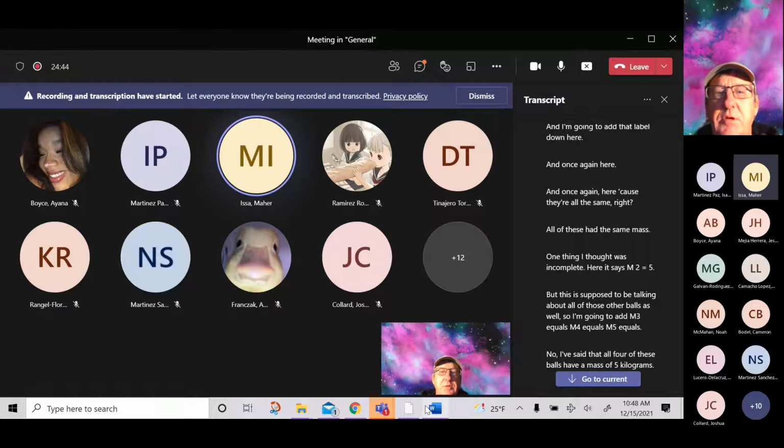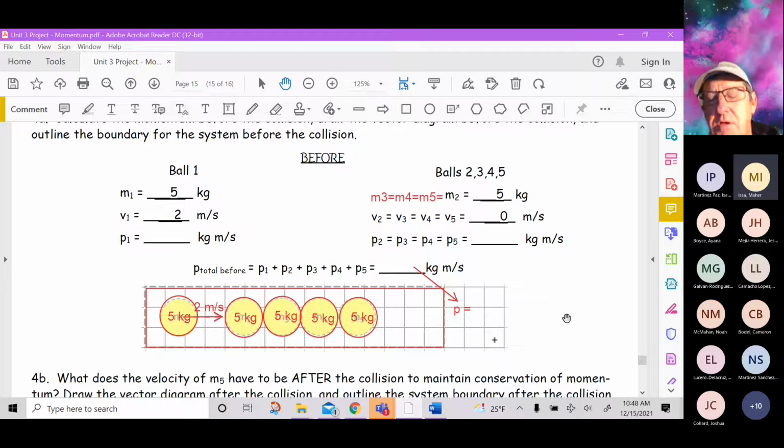Mr. Fairley? Yeah. I'm a little slightly confused. So the first ball, we're just doing the regular calculation. Ball 1? Yeah. So that would be whatever that is, right? Which is the momentum. You just multiply. Yep. Okay. Now, what I lost track of was this ball 2, 3, 4, 5.